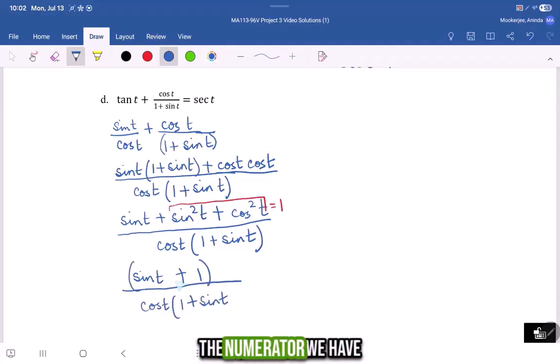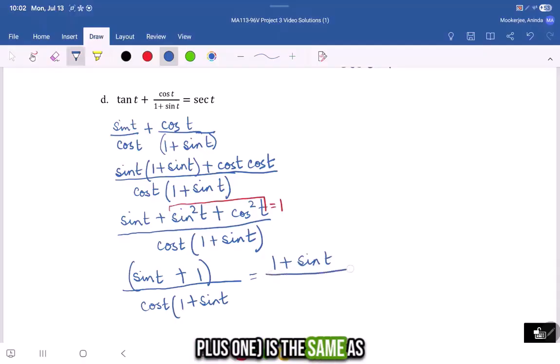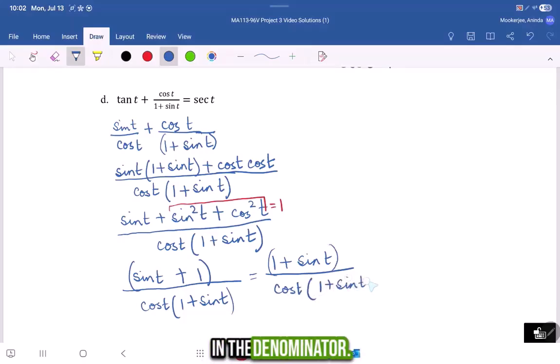Now in the numerator we have sine t plus 1, which can be rewritten as 1 plus sine t, correct? Sine t plus 1 is the same as writing 1 plus sine t. And then we have cos t times 1 plus sine t in the denominator.